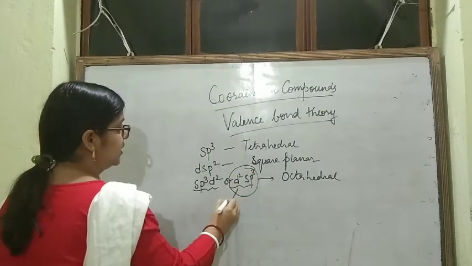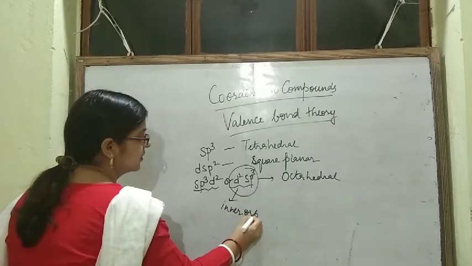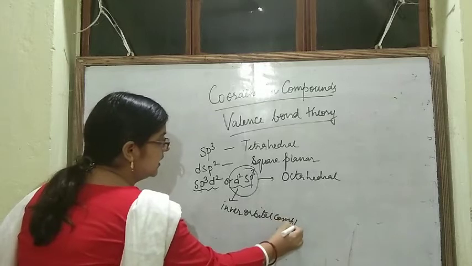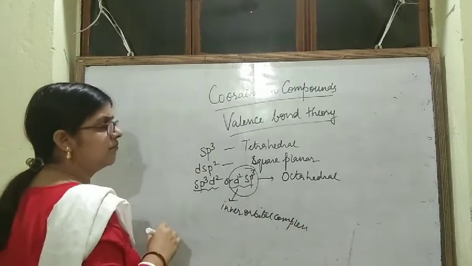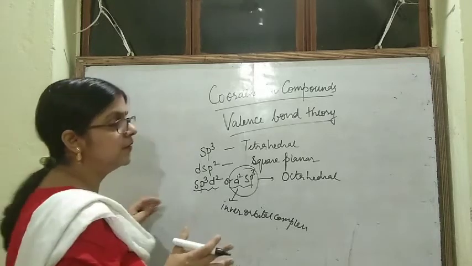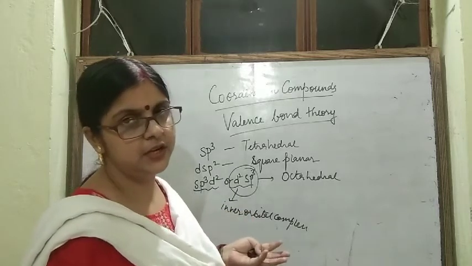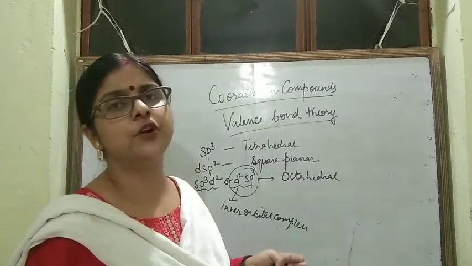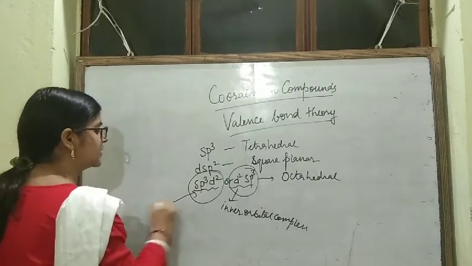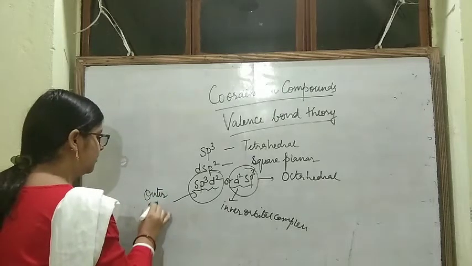It is an inner orbital complex. Here the inner d orbitals are involved in hybridization and in formation of the coordinate bond with the ligands. Where the outer d orbital is involved, it is known as an outer orbital complex.